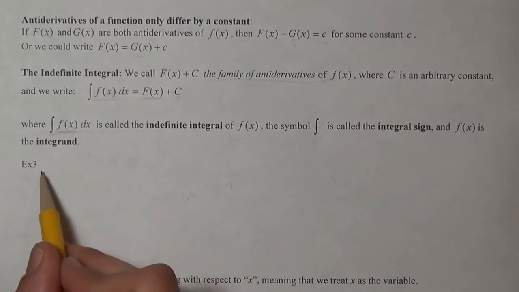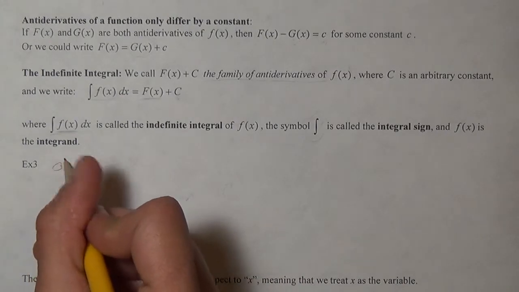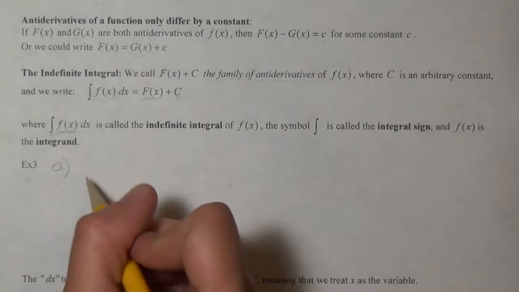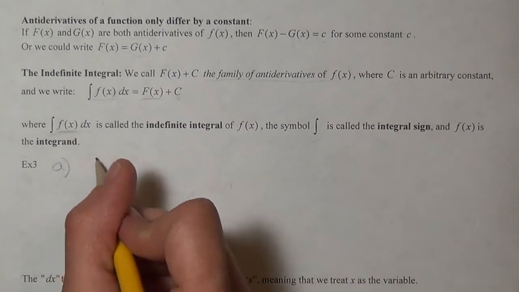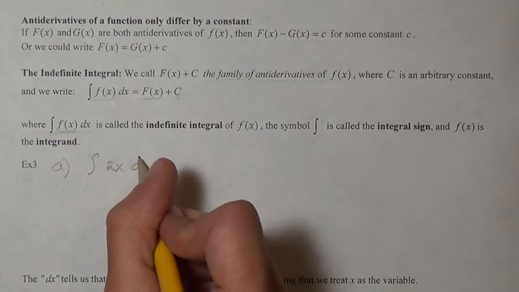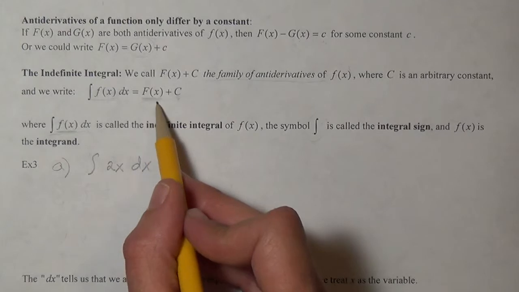So for example 3, let's write out a couple of them. Example 3a, using the function above, the function 2x, the indefinite integral of the function 2x with respect to x equals, I just need one antiderivative.